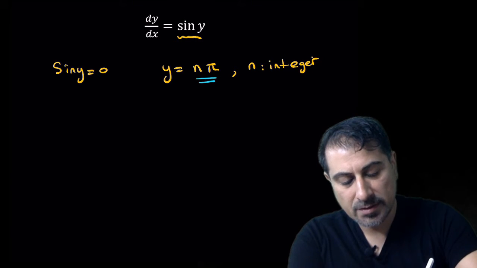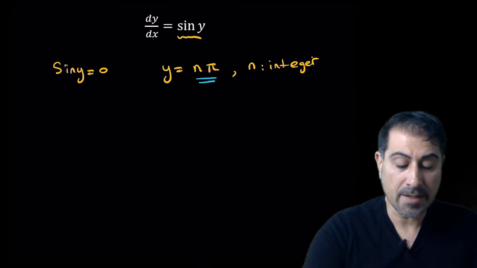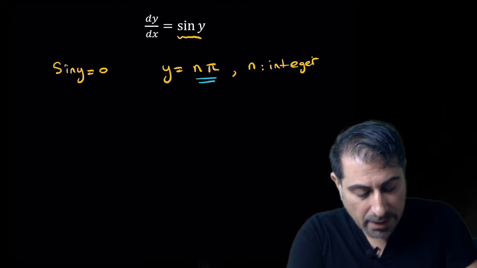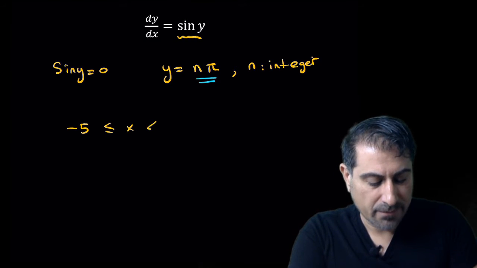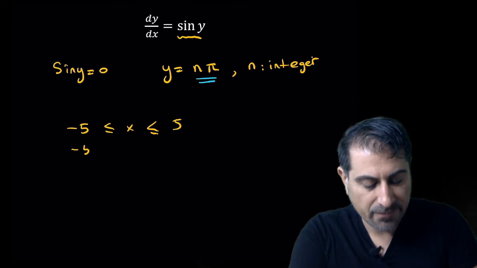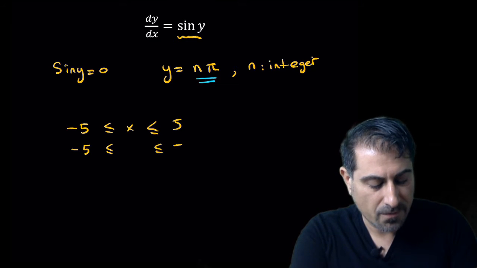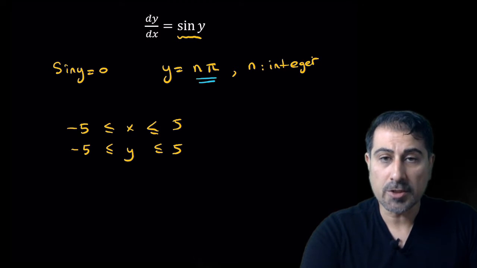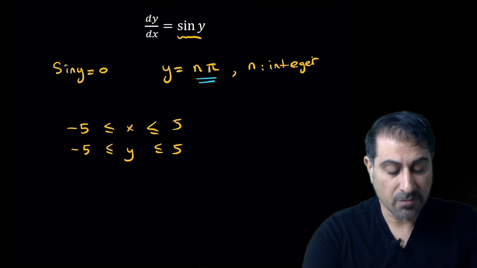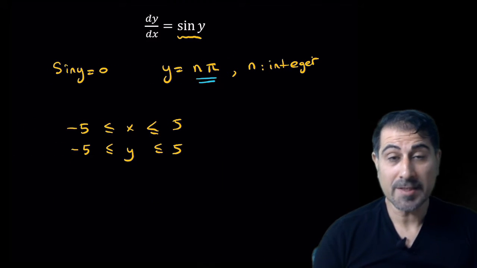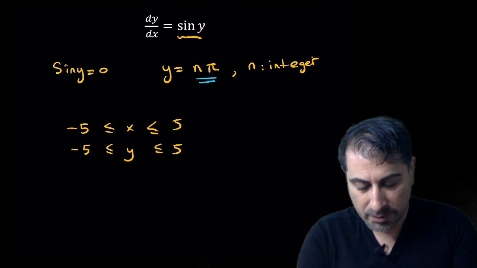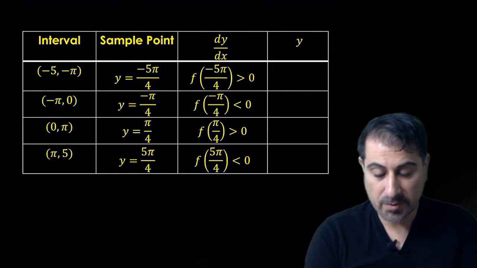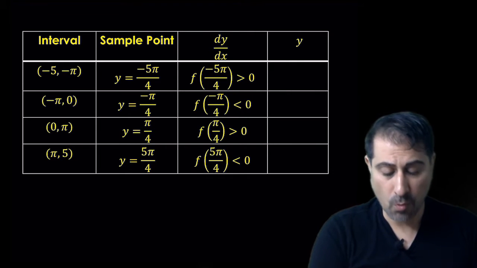What I want to do next is to look at the sign of dy over dx, or the sign of the function sine y on the interval, let's say -5 and 5 for x, and -5 and 5 for y. So I'm essentially taking a rectangular region and looking at the sign of dy over dx. We know that dy over dx changes its sign across critical points. So now we have 4 intervals to consider for y, because the right-hand side of the differential equation only depends on y.